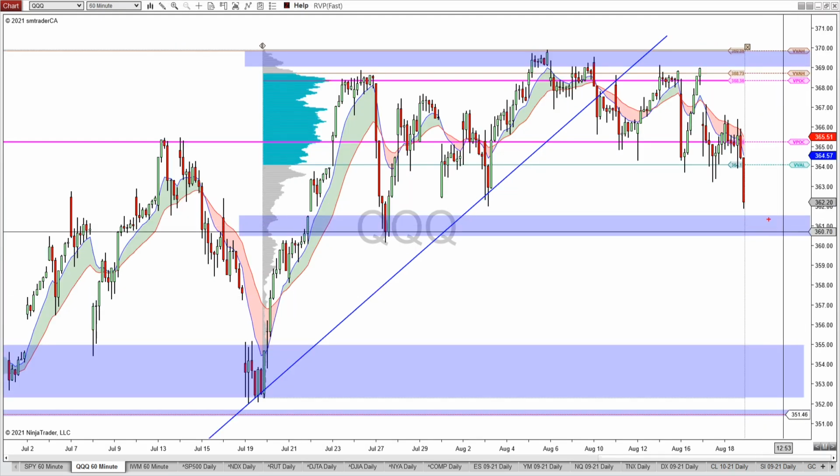So for the coming day, just watch this zone. When it comes down, see whether we get a bounce back up to possibly test this point of control, somewhere around the 365.40 to 365.50 area, or it will break down and come down to this 355.